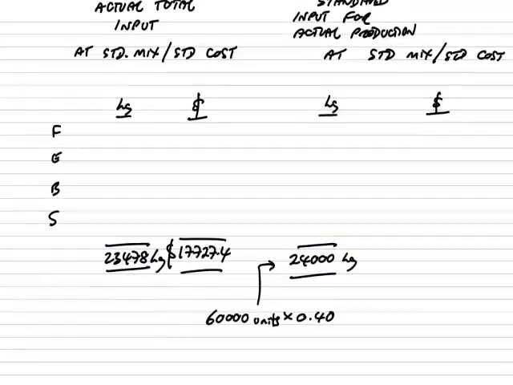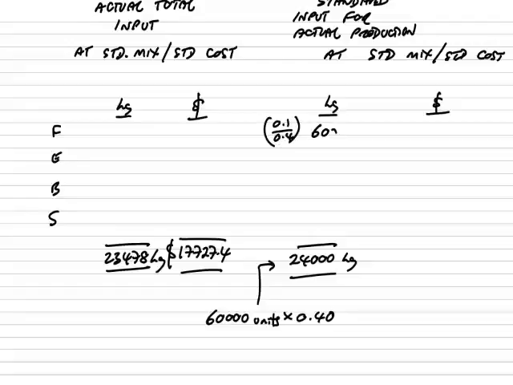If we'd have bought the right quantity, well, standard mix, remember? It was a quarter for each from the cost card. So we should really have been expecting to have to buy 6,000 kilos of each. And how much should it have cost? The standard costs for the last time.